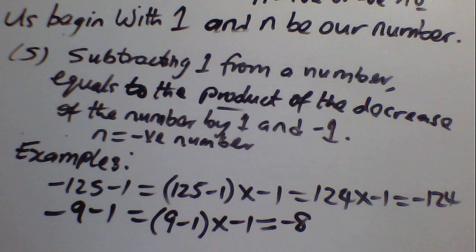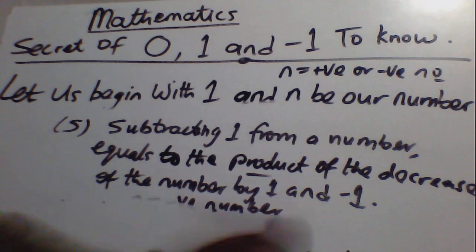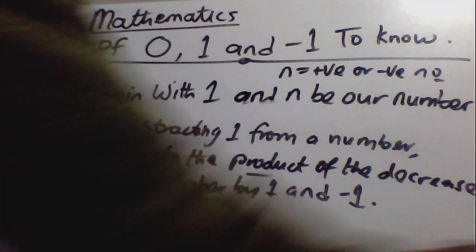In this case, the 1 is minus 1, but we will come to other areas. So look at the 16th thing you have to know about 1. This is true for variables as well.